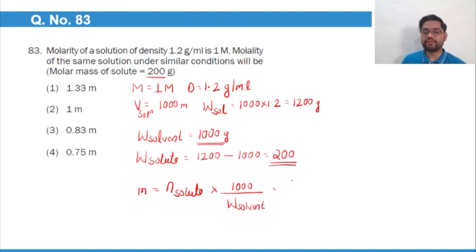Moles of solute, that is weight of solute divided by molar mass of solute, is 200, into 1000, weight of solvent is also 1000. So that gives you a value of 1. Hence option number 2 is the right answer.